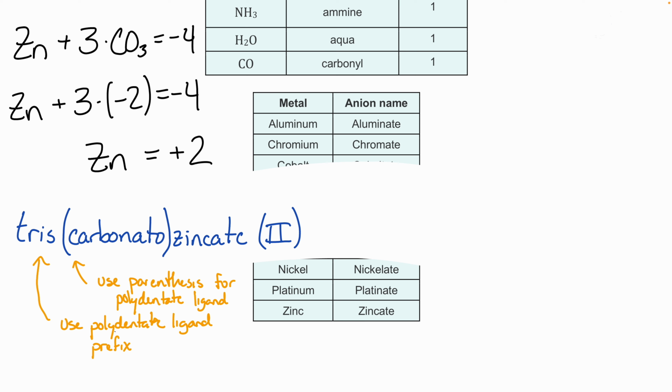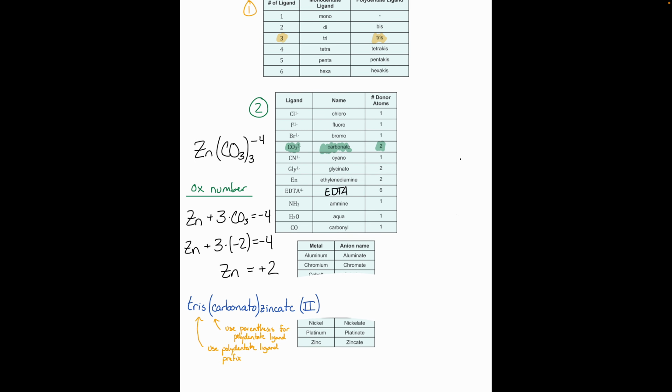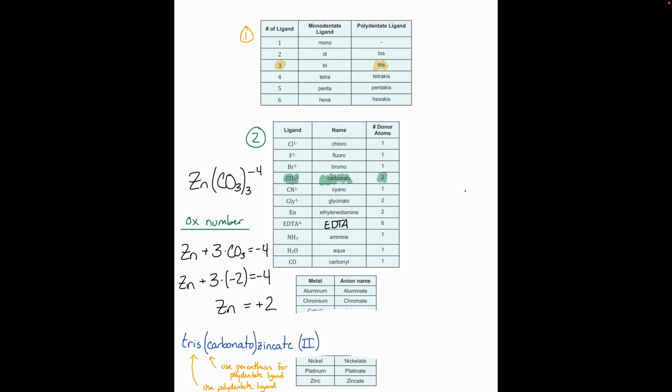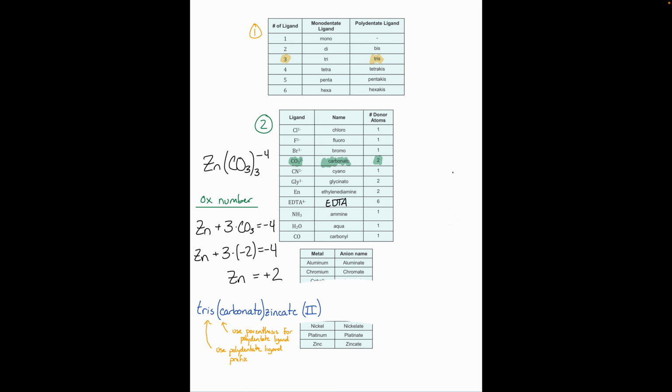Cool. All right, so now we can name these things, so we're going to be able to talk about these complexes. All right, we have this constants page here with these 3 charts, tables rather. Using these tables, we can construct the name of our transition metal complexes.